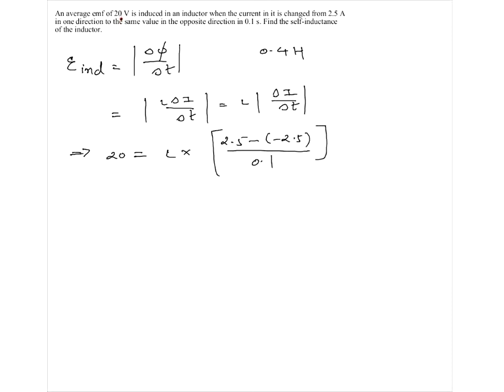Now, if you ask, well, I is not a vector, then how can delta I be I minus minus I? Well, it's because I is deciding the B, magnetic field. If you take a solenoid and pass current in one way, then magnetic field will be in one direction along its axis.